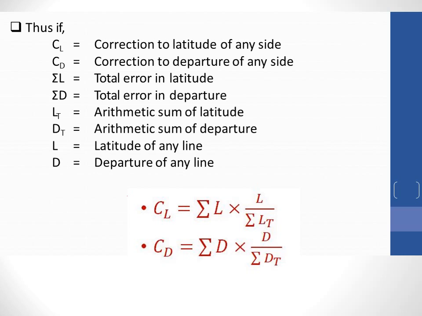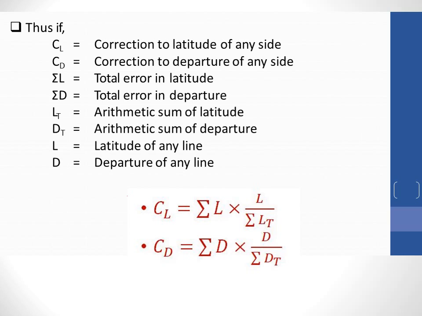When expressing in symbol terms, CL is the correction to latitude, CD is the correction to departure, summation L, capital L, is equal to total error in latitude, summation capital D is total error in departure, LT, okay, L suffix T, is the arithmetic sum of latitudes, DT is equal to the arithmetic sum of departures, capital L is latitude of any line, capital D is departure of any line.